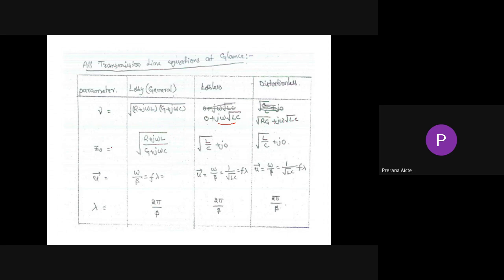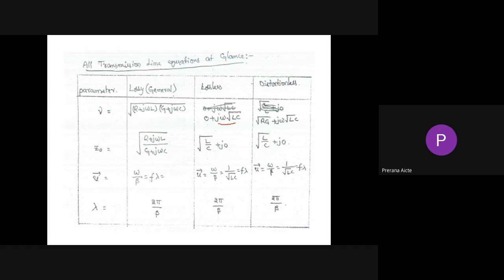Now, characteristic impedance Z0 in the general lossy expression is the square root of (R + jωL) divided by (G + jωC). In the lossless case, R equals 0 and G equals 0, so it becomes jωL by jωC, jω cancels, and it becomes square root of L by C. In distortionless also the same thing: R by L equals G by C, it will cancel, so it becomes only square root of L by C.